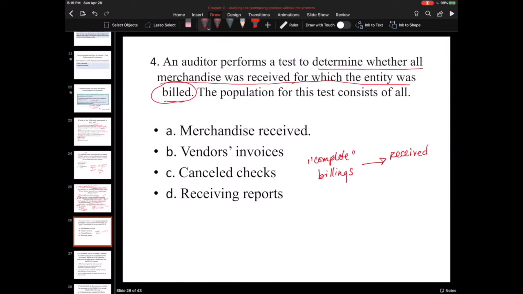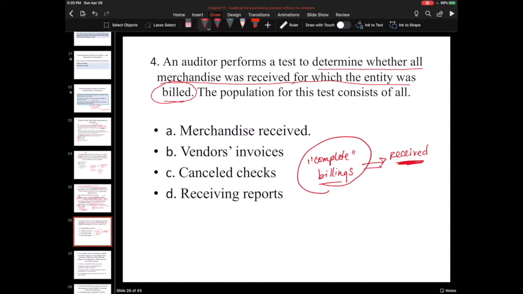Right? So if I was trying to start with just the things I got, obviously everything I got, I paid for, right? So if I started with this population of what I got, everything I tested, I would see that I paid. So if I want to make sure that everything I paid for, I received, I need to start with the population of things I paid for, and then look at a sample of those and make sure I actually received them all.